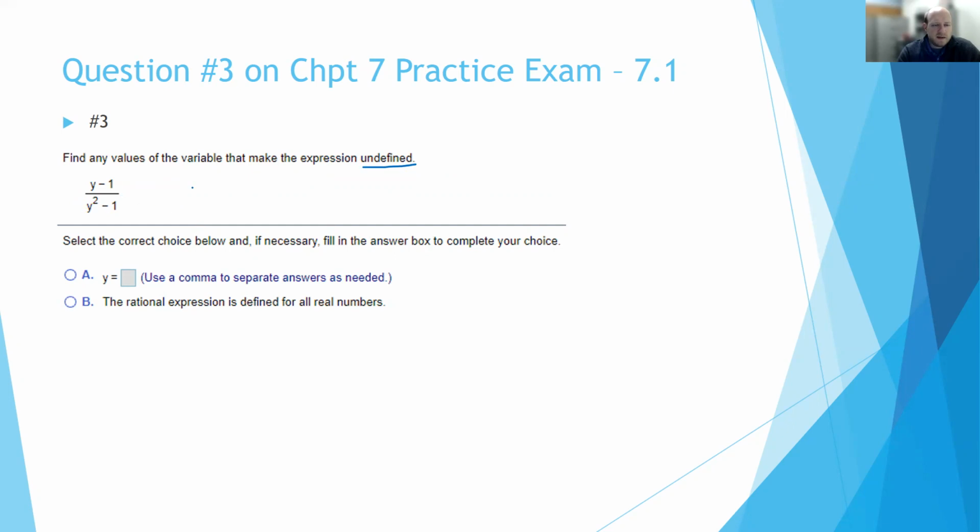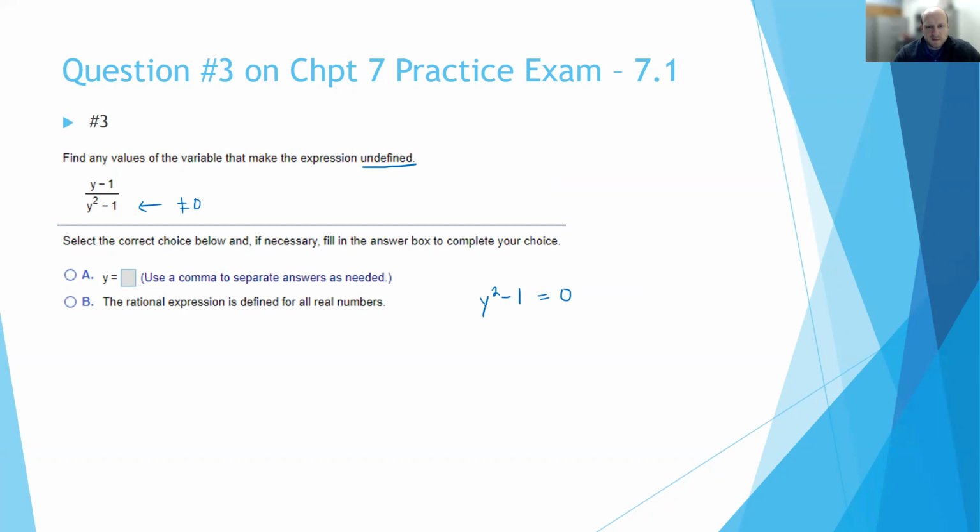And we know that our denominator cannot be 0. So our denominator cannot equal 0. Basically, we set the denominator y squared minus 1 equal to 0. That's going to give us all the values of y that would make the denominator 0. The denominator cannot be those values because it would make the expression undefined, since we cannot divide by 0.